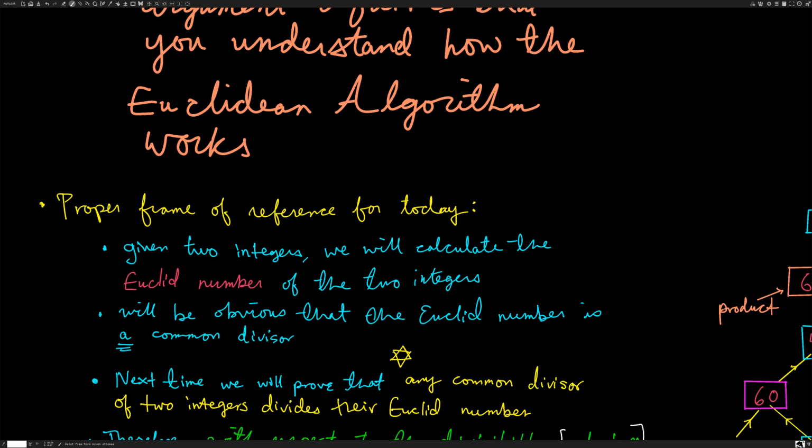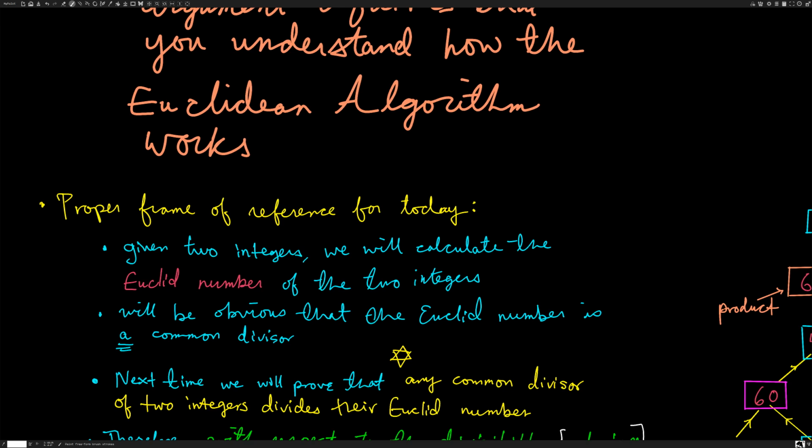So instead of GCD, I'm going to just compute this number. It is the GCD, but we're going to call it the Euclid number of the two integers, to avoid worrying about the semantic meaning of greatest common divisor for a moment. It'll be obvious from our construction.